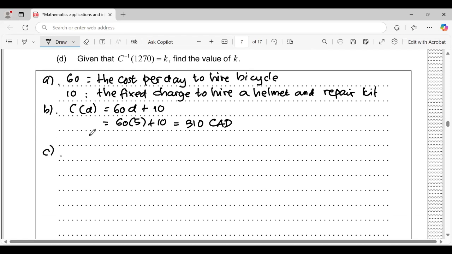C. The problem states that D, the days, is greater than or equal to 3.